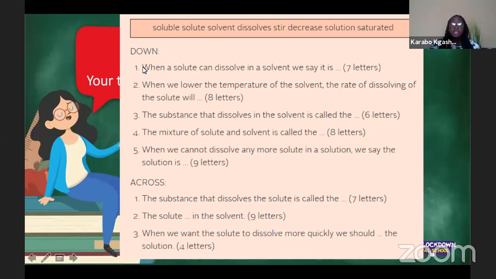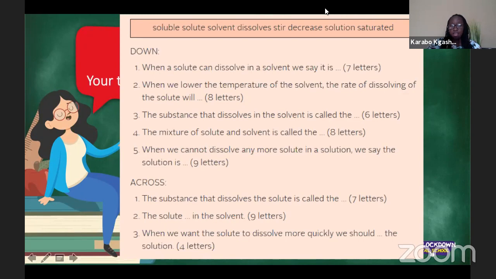So we need to basically fill in the words. It's basically a crossword, which I have not attached, but we will just write the answers next to the relevant statement. Now, at the top is your word box. Number one says, when a solute can dissolve in a solvent, we say it is, 7 letters.